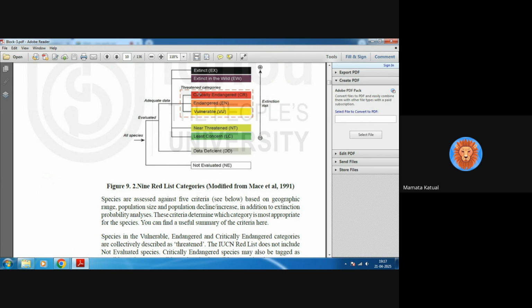These 3 categories are included in the threatened category. So 3 categories come under the threatened category. Threatened means it has 3 subcategories: critically endangered, endangered and vulnerable.